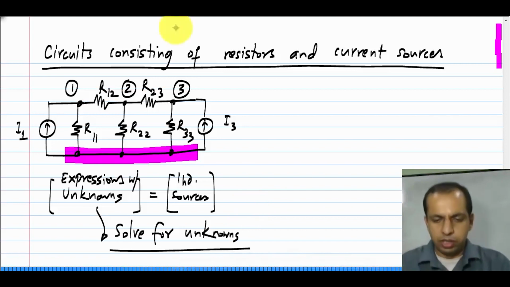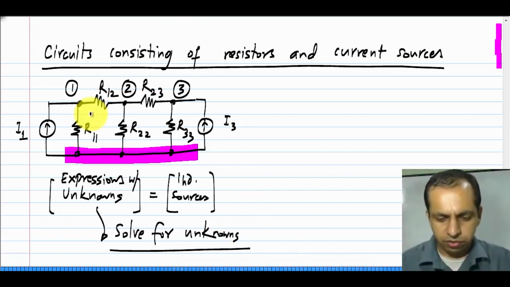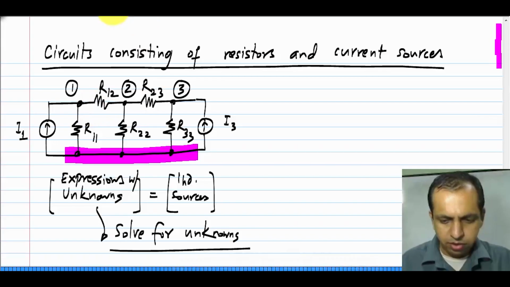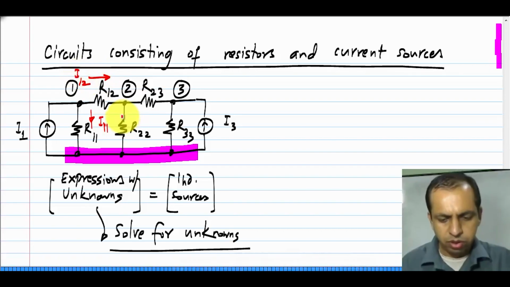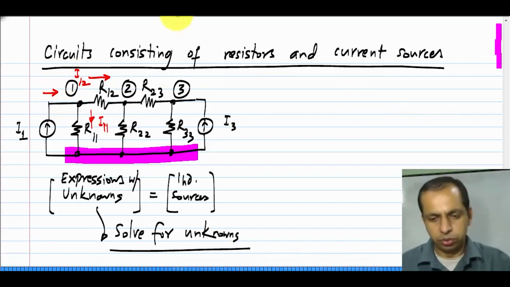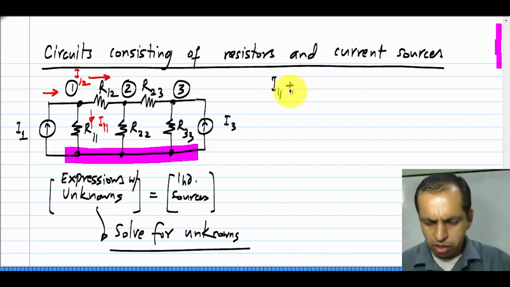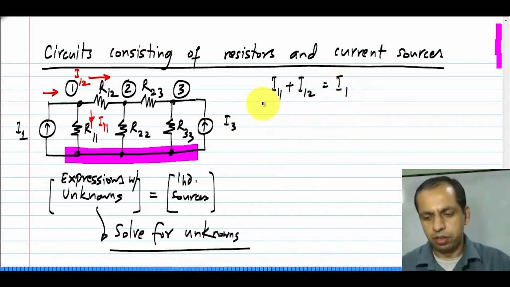Now, essentially what I have to write is, for instance, that the current here, let me call it I11 for now, and the current over there, I12, have to be equal to the current coming in from the independent source. So, essentially I have to write I11 plus I12 equals I1.